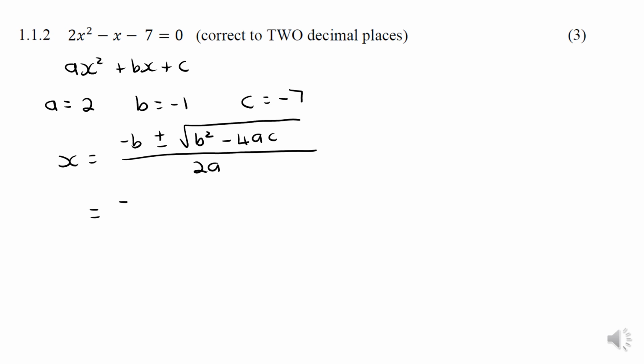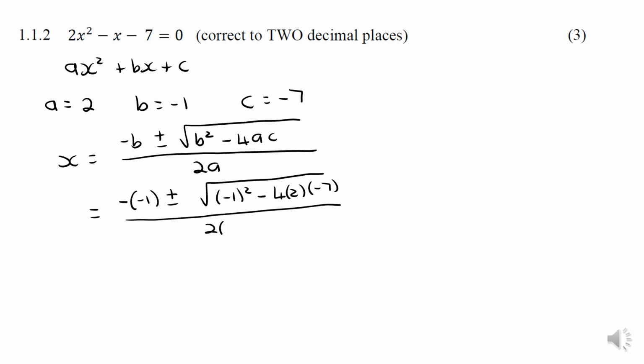I'll have negative, in brackets, negative 1 plus minus square root negative 1 squared minus 4 times 2 times negative 7 over 2 times 2. Then if you use your calculator and you round it off, you'll get the following answers. x is equal to 2,14 or x is equal to negative 1,64.